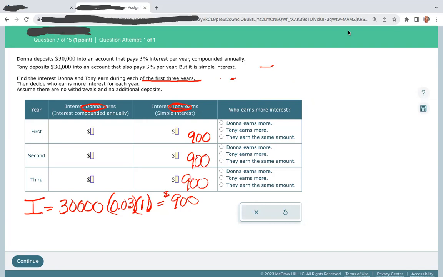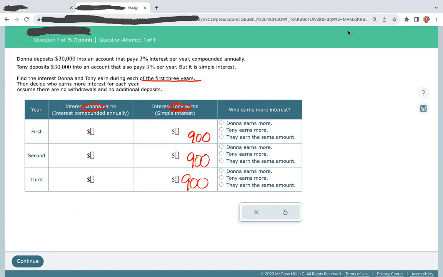Now, Donna is a little bit more complicated because now you're talking about compound interest. And with compound interest, not only are you earning interest on the principal, you're also earning interest on any interest earned. So that way your money grows faster. This means that when we are calculating the interest for Donna, we're going to have to use a different formula because it's compound interest.